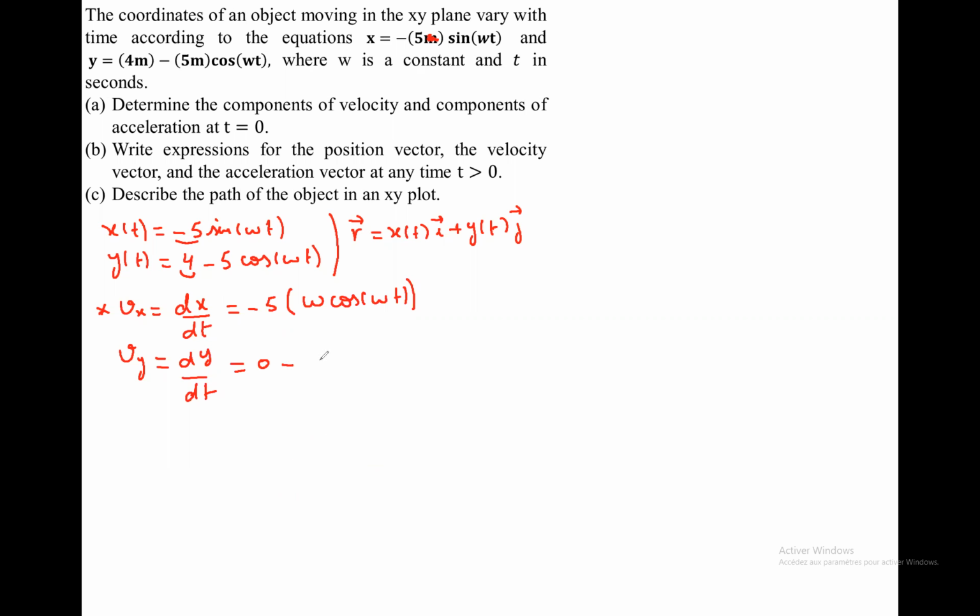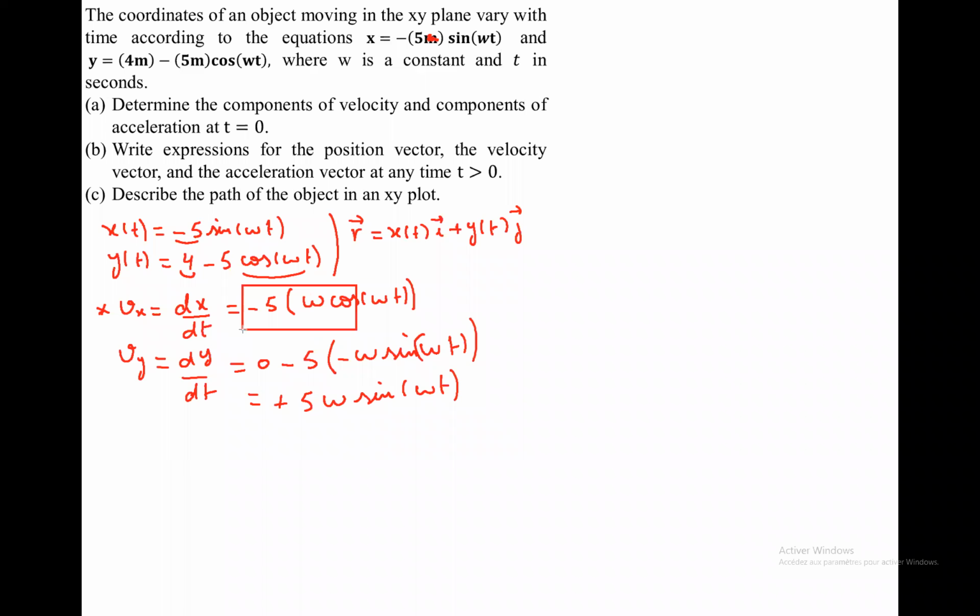Then minus 5 times minus omega sine omega t. Minus times minus equal plus, so equal plus 5 omega sine omega t. This is the answer.